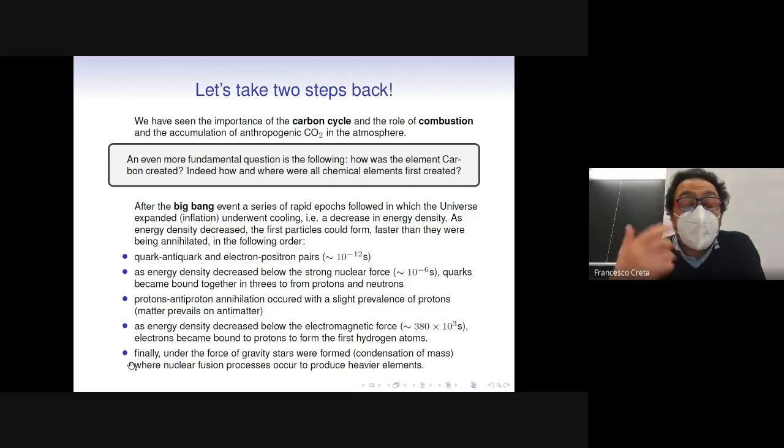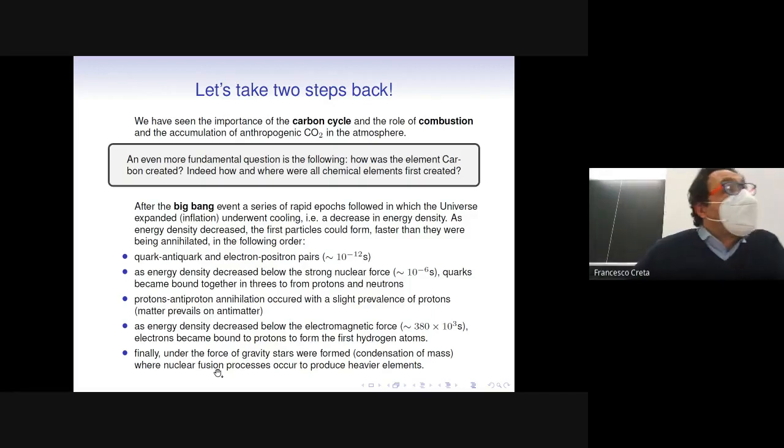And then much later on, under the force of gravity, which is infinitely fainter, you have a sort of condensation of mass, and eventually the formation of stars. Stars which are initially hydrogen stars, clearly. That's all we have in terms of elements.